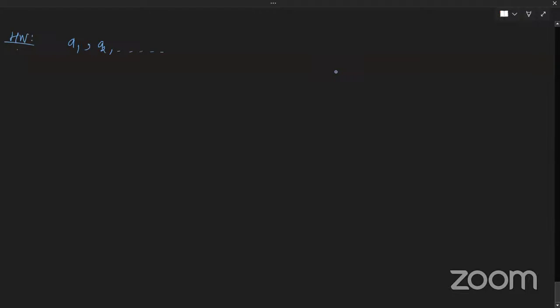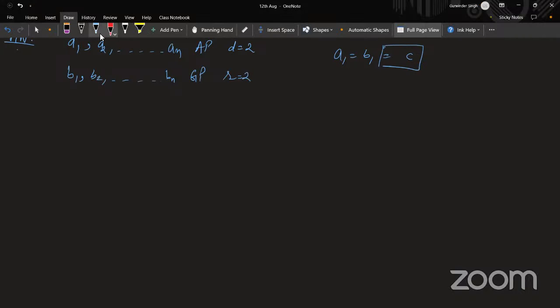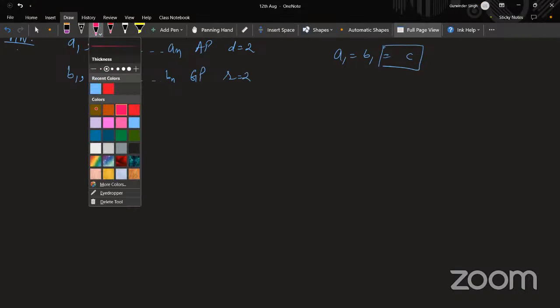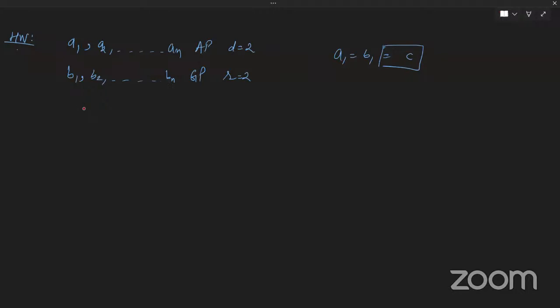They are in AP and their common difference is 2. Then I have B1, B2 till BN, and this is in GP, common ratio is 2, and the first term of both is the same. It is equal to some value C. They have told me that 2 times the sum of AP.